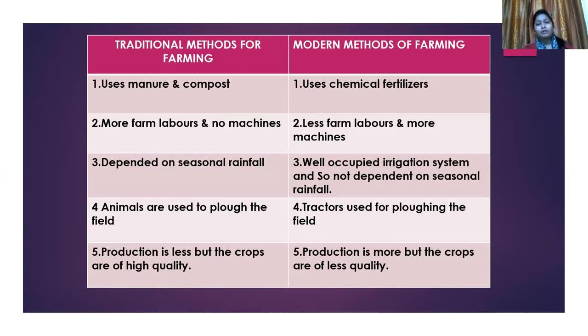And when we see that, definitely we have used HYV seeds, we have used the other combination, and so production is more, but the quality is a little less, because a lot of chemical fertilizers have been utilized in order to protect the crops, which might degrade the quality of the product.